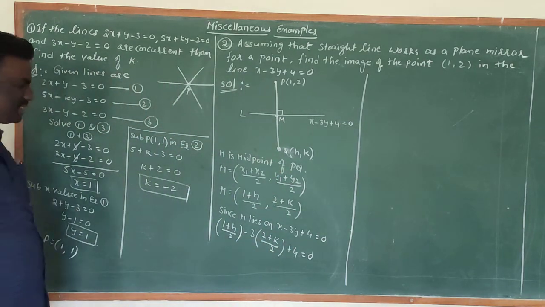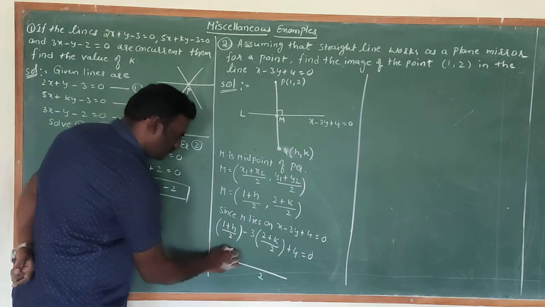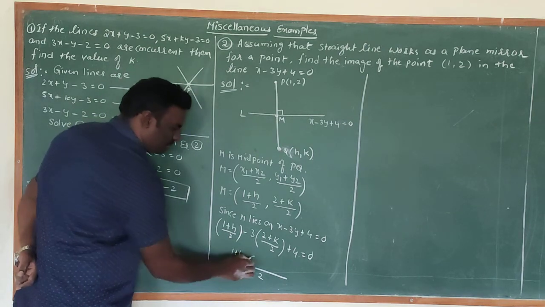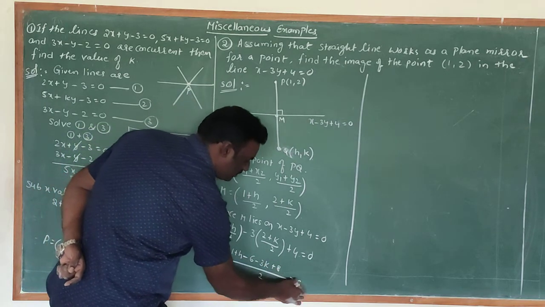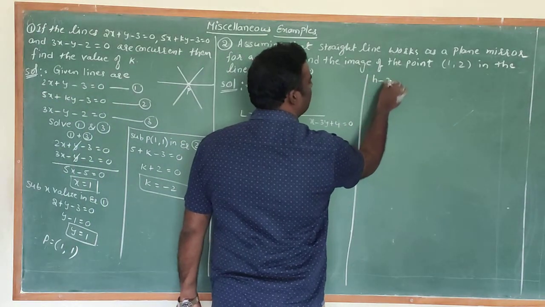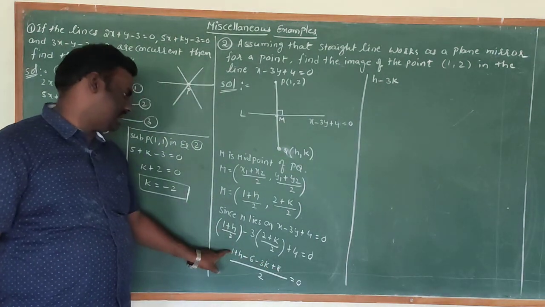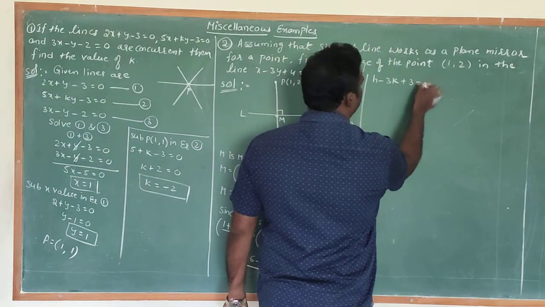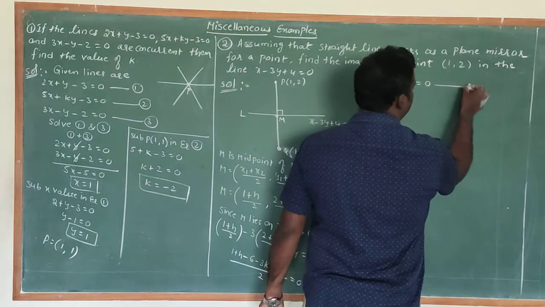Now if you take 2 as LCM, 1 plus h minus 6 minus 3k plus 8 is equal to 0. Now what will you get? h minus 3k, 8 plus 1 is 9, 9 minus 6 is 3, equals to 0. This is equation 1.